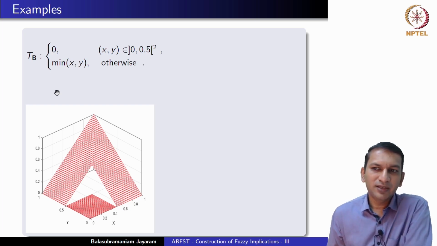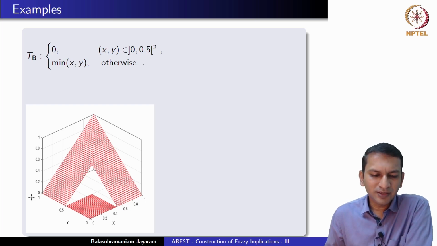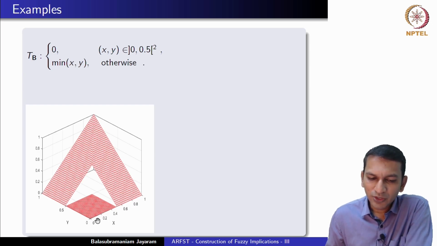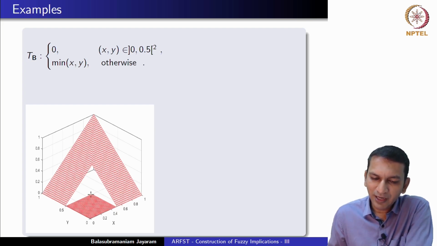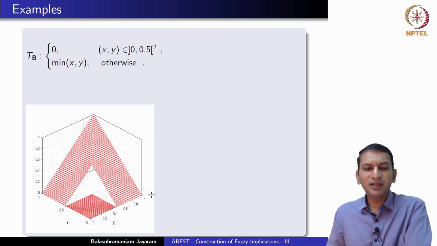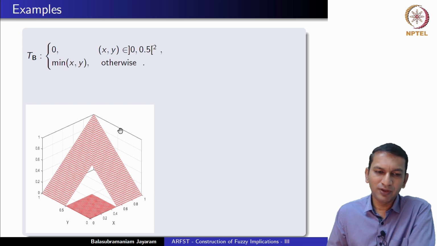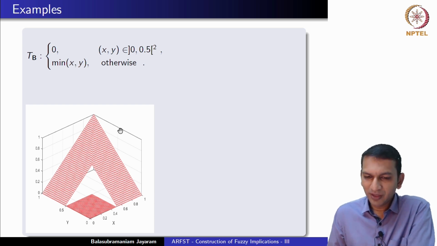Before looking at the corresponding R implication, let's only look at what its natural negation is. For a T norm, the natural negation is the boundary of its 0 region. So you see that at 0 it is 1. Between 0 and 0.5 it is actually 0.5. And from 0.5 to 1 it is 0. If you were to draw this, this is how it will look like. This is the natural negation of this T norm.